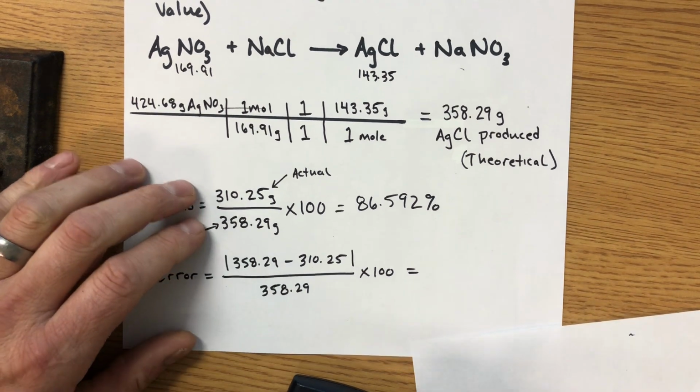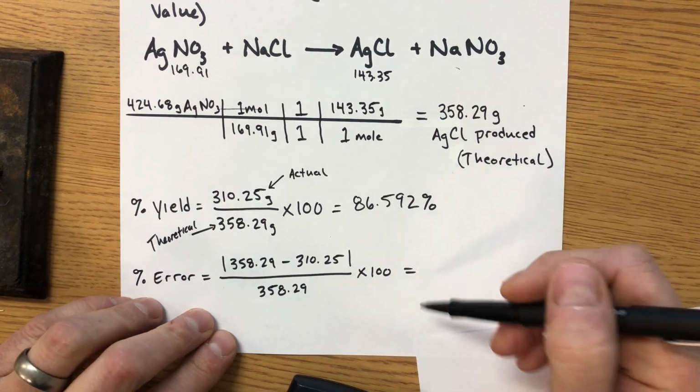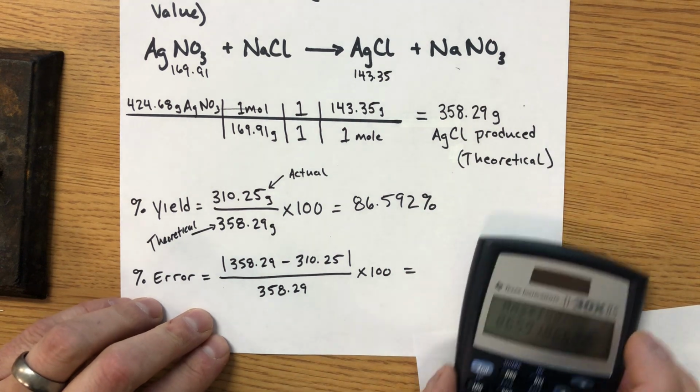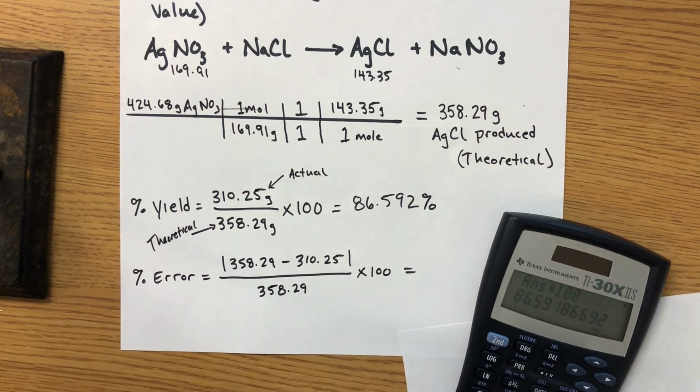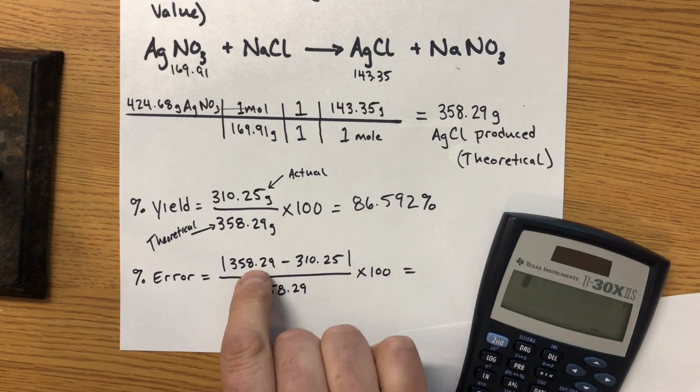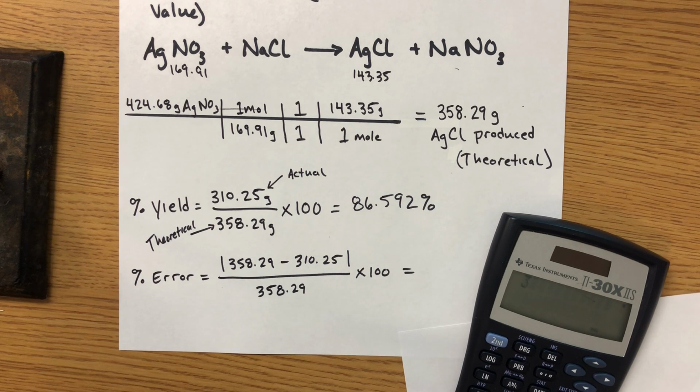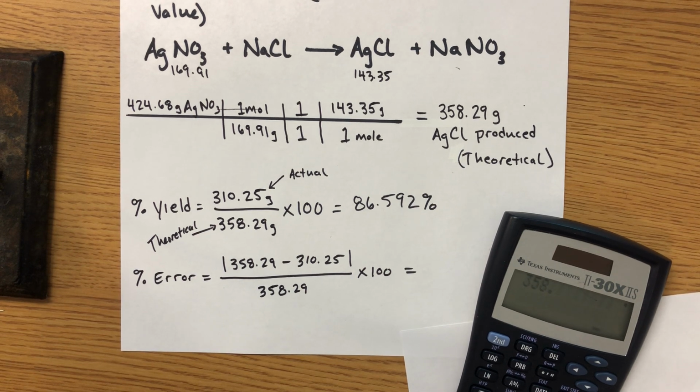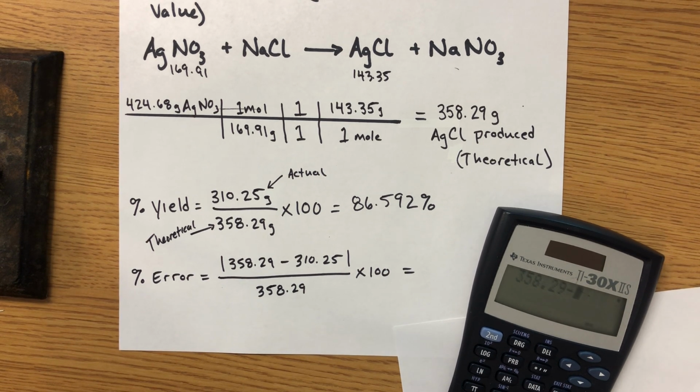Okay, and then the percent error. Oftentimes the percent yield and the percent error add up to 100, but let's just do the math according to the formula here. So we're going to take the difference between the theoretical and the actual. That's 358.29 minus 310.25.